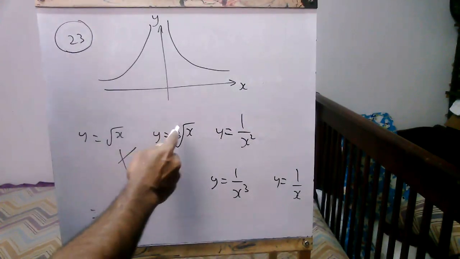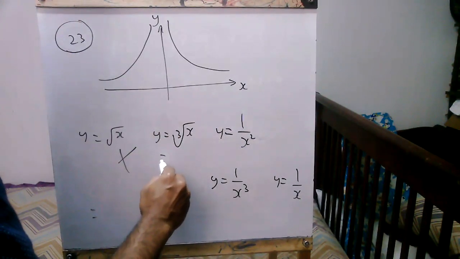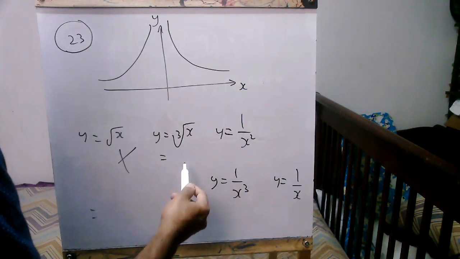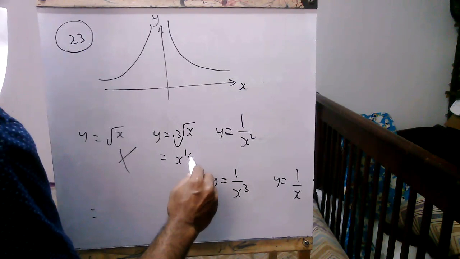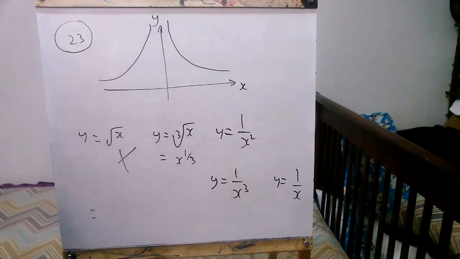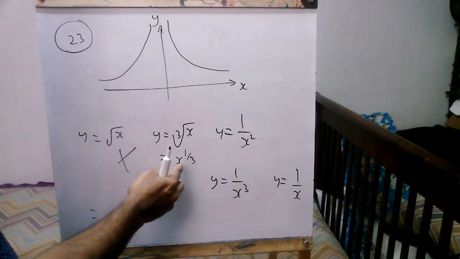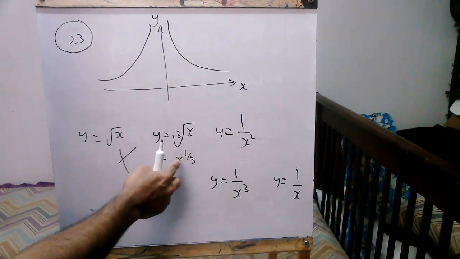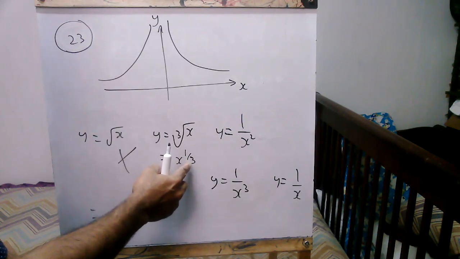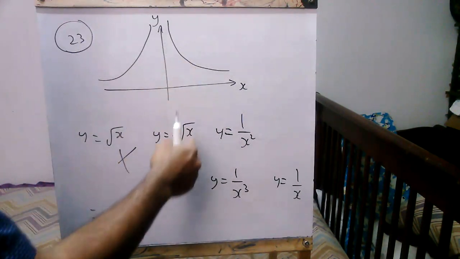Now this is the same as x to the 1/3. Let's get an example. 8 to the power 1/3 is 2, maybe this is right.